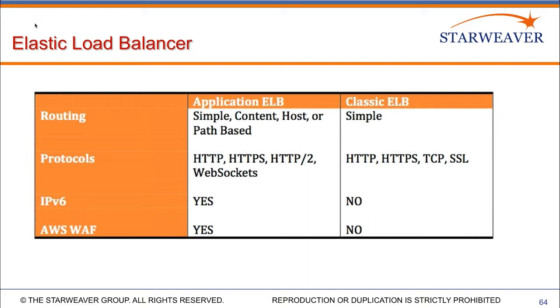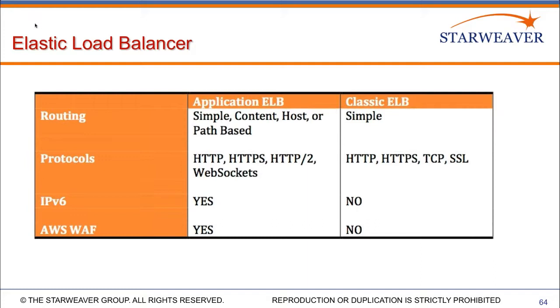So it looks across all of your instances in your group, says which ones have the least number of requests that have not yet been responded to, and that's the one that gets the next request. You could use it for HTTP, HTTPS, TCP, or SSL. Okay, it does not support IPv6 addresses, only IPv4, and it doesn't have the web application firewall, which I'm going to talk about in a second.